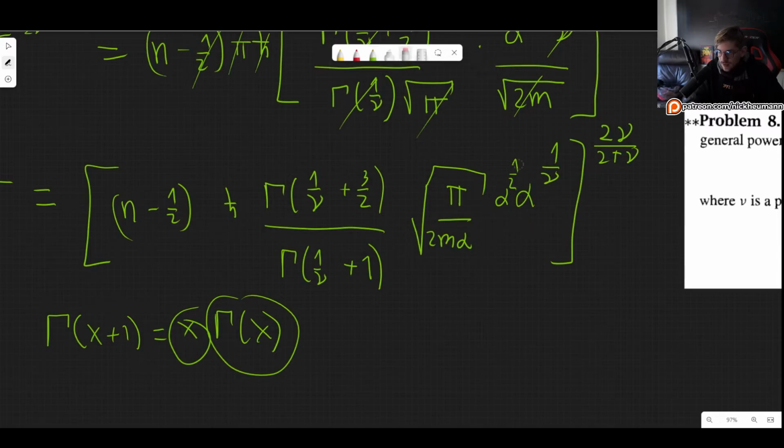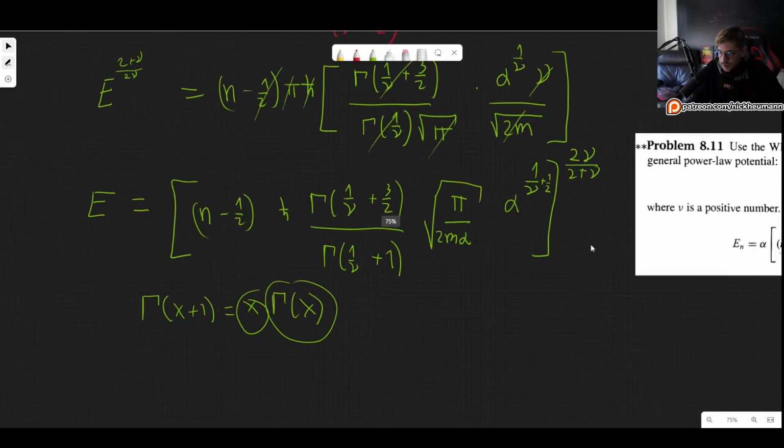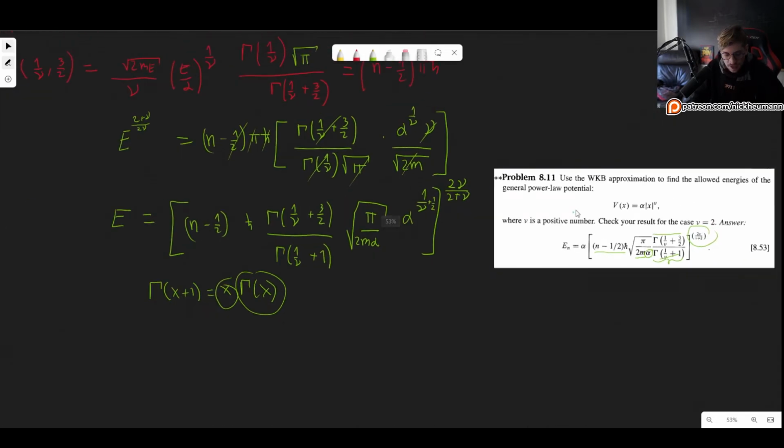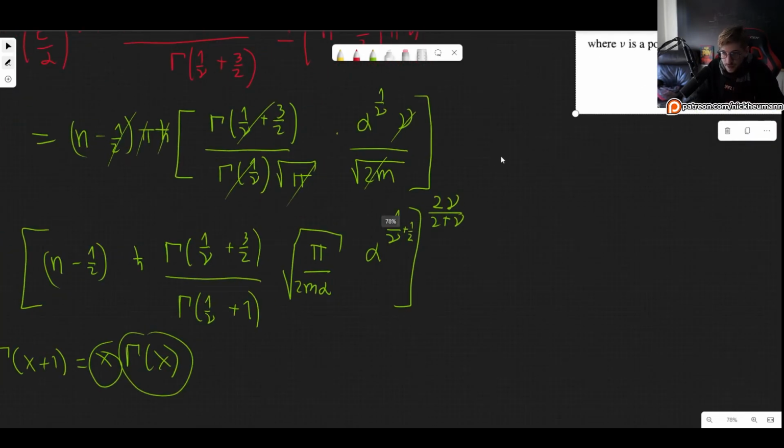And then here we have alpha to the 1 over nu plus 1/2. Okay. And we now take this alpha out of our parentheses. Okay, so we take this outside and we get that alpha to the, it was 1/2 plus 1 over nu.